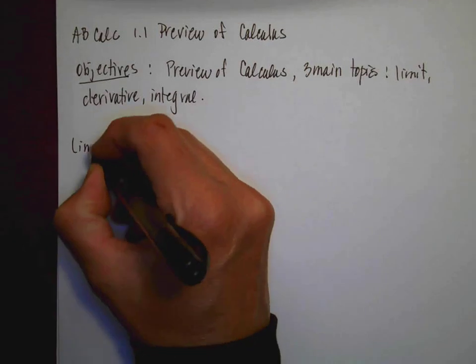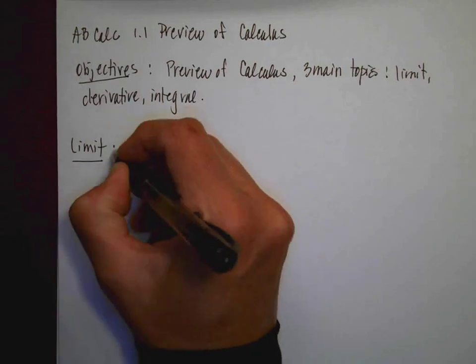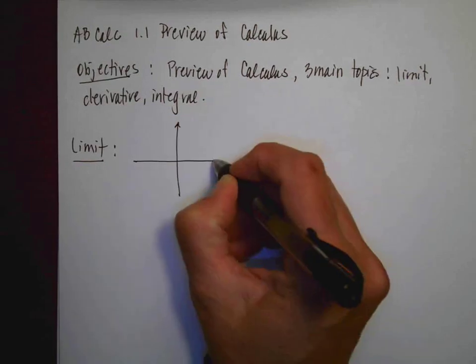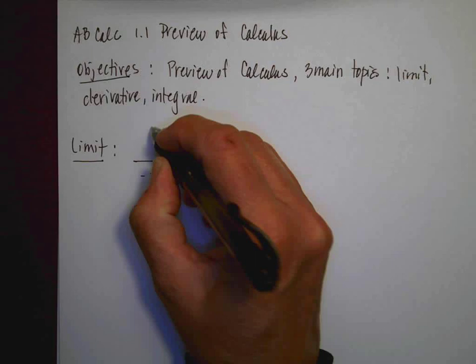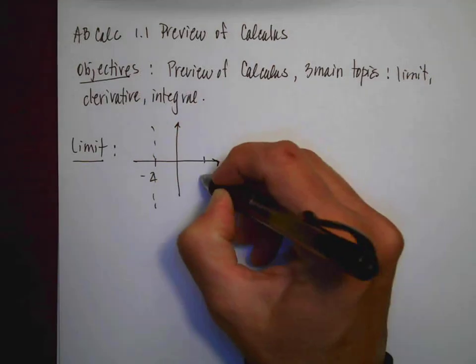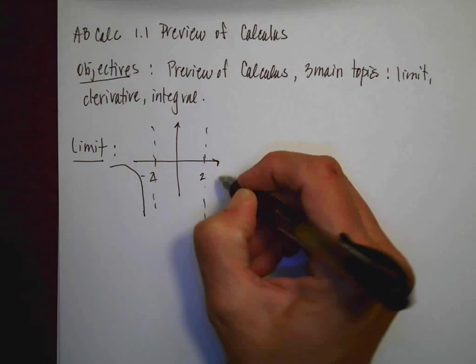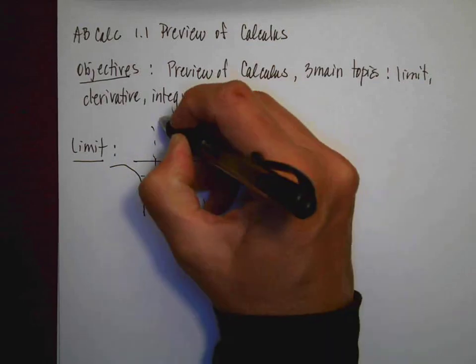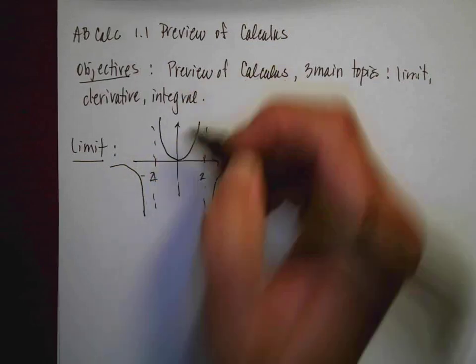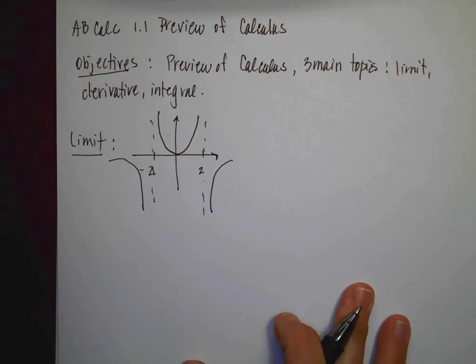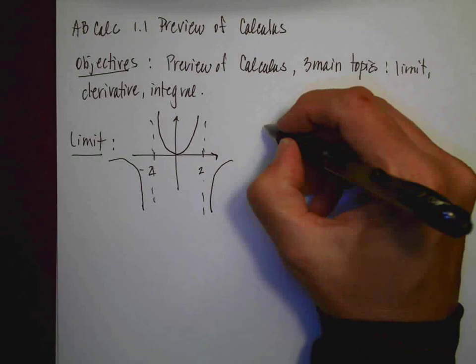So the first one, the limit, and you've seen this in other math courses, but let's say I have a cute little function, and it has a vertical asymptote here and an asymptote here, and maybe the curves of the function look something like this. Well, if I want to talk about the limit, I want to talk about what happens as a function approaches a certain value.